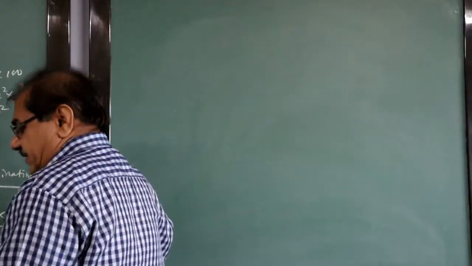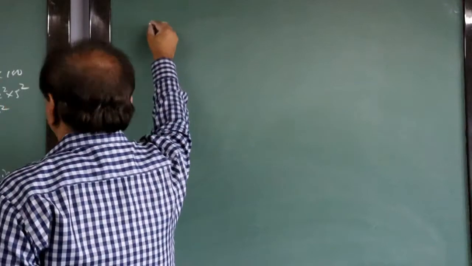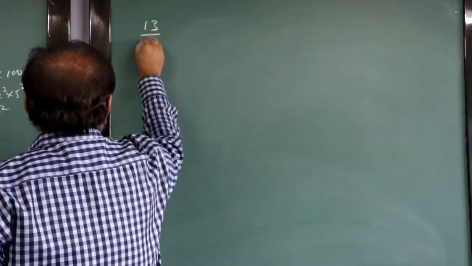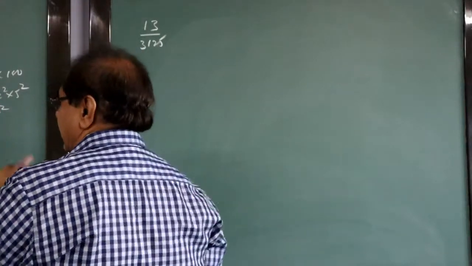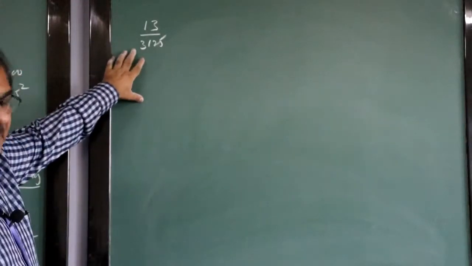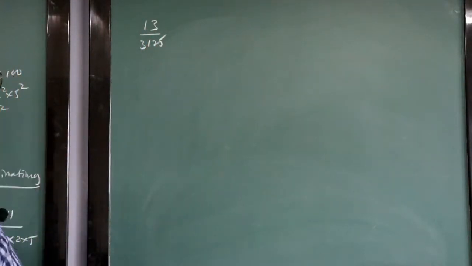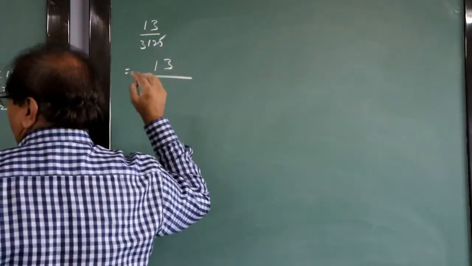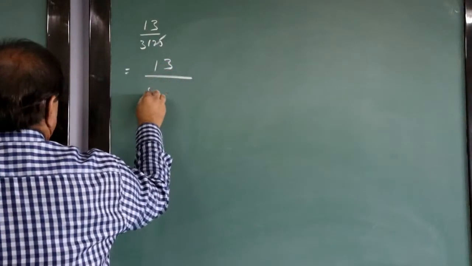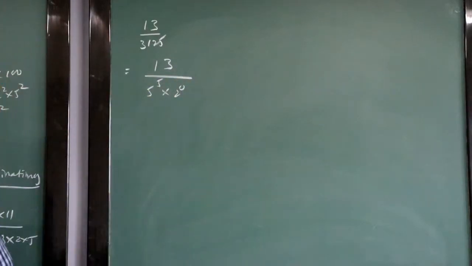Now in the previous examples we saw 13/3125. It had a terminating decimal expansion. So we have to find that terminating decimal expansion for this. How much have we done previously? 13/3125 means 5 raised to 5 into 2 raised to 0.